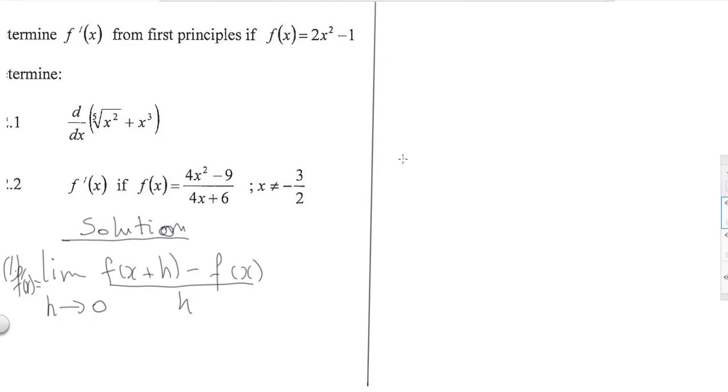All right, so what that means, so f prime will be limits when h tends to 0.